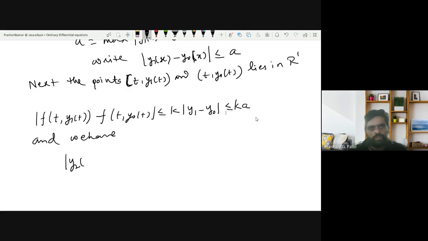mod of y2 of x minus y1 of x will be integration x0 to x.